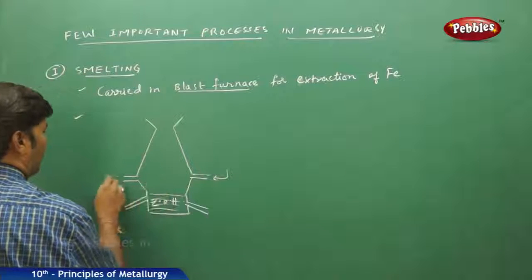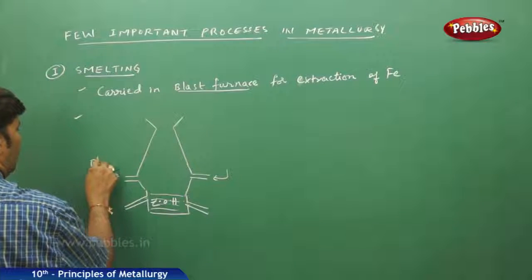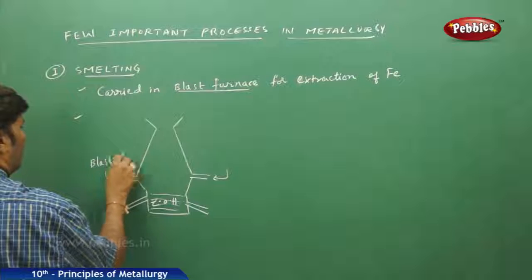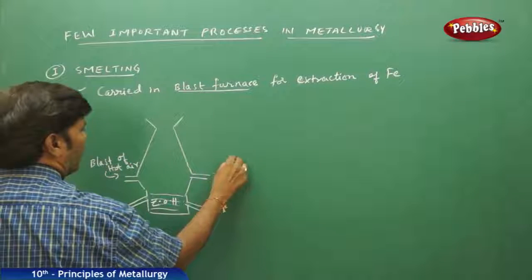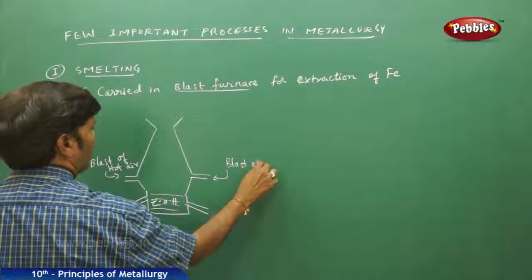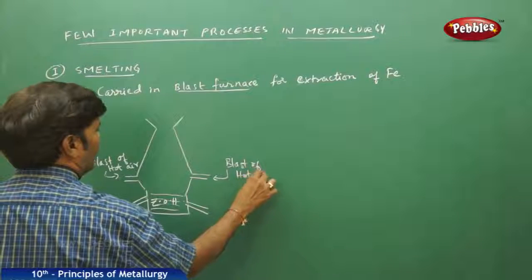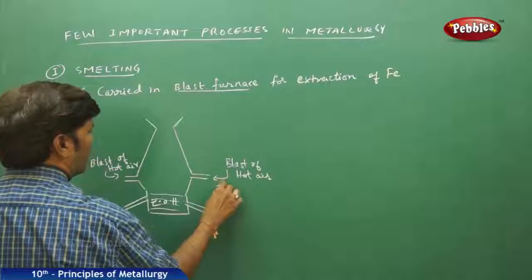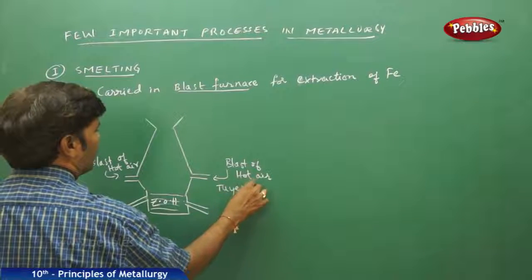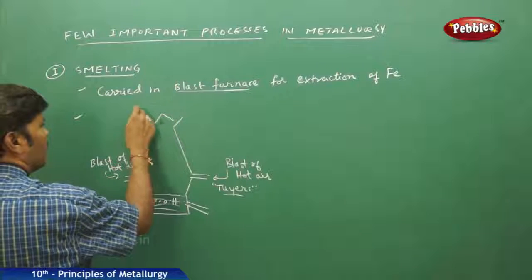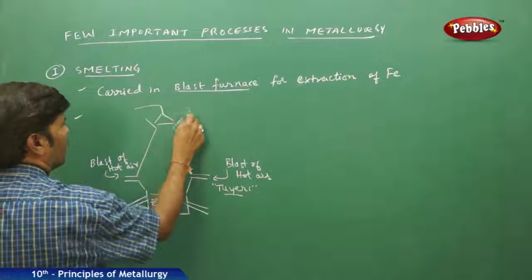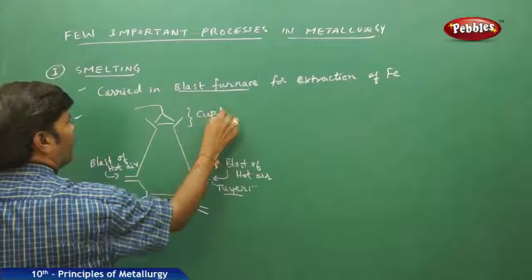This is the blast of hot air. Here also a blast of hot air. Otherwise, this chamber is also called the ZOH chamber. And this is the hopper. This is the hopper. Cup and cone arrangement.